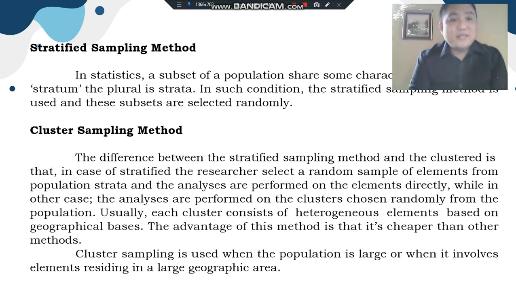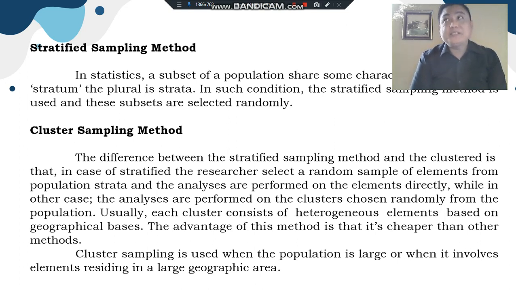Now let's go to stratified sampling method. Okay, so it is a subset of population that shared some characteristics. The plural of stratum is strata. In such condition, the stratified sampling method is used and these subsets are selected randomly.